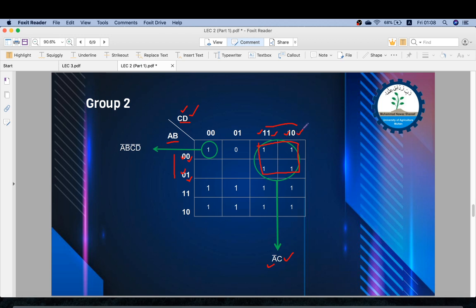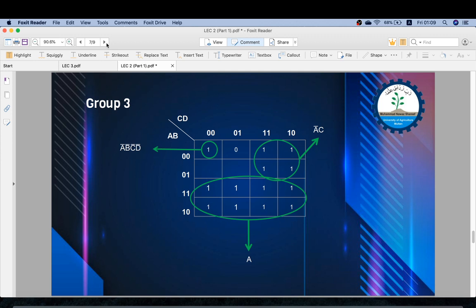So it's not common, so we will not take D. We only take A and C because both are common. A complement and C. So the grouping equation for the second group is A complement C. Is there any more group? Yes, there is also a third group, and the third group is very large.